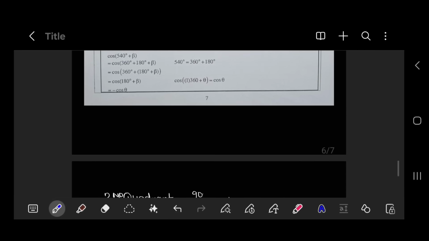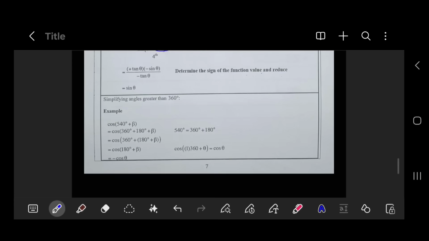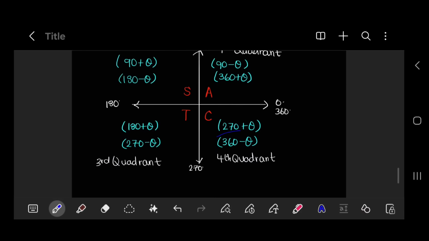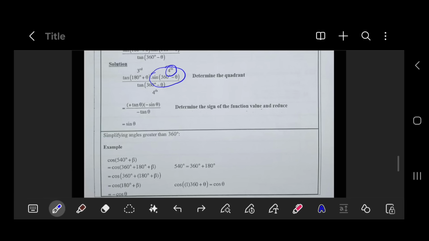That means that it becomes positive tan theta. Let's look at the next part. Sine of 360 minus, notice how they identify it as being in the fourth quadrant, which it actually is. Here's 360 minus, and in the fourth quadrant, only cos is positive, meaning that it becomes negative sine theta.